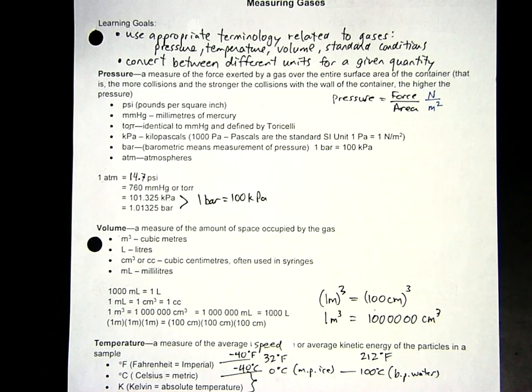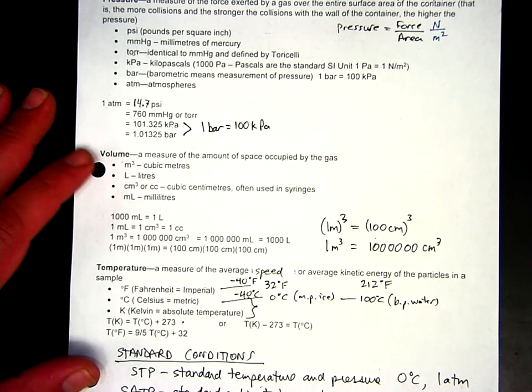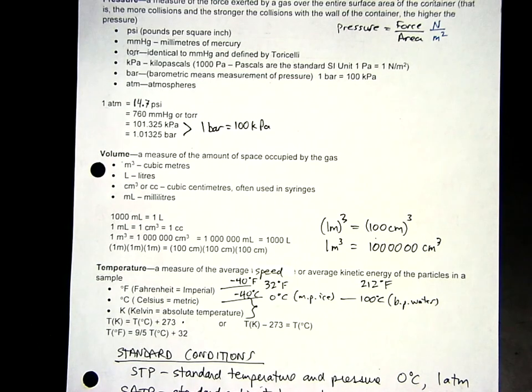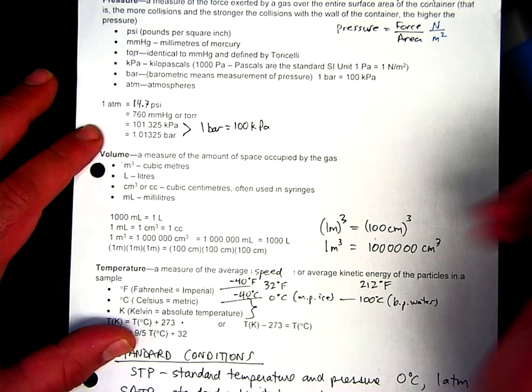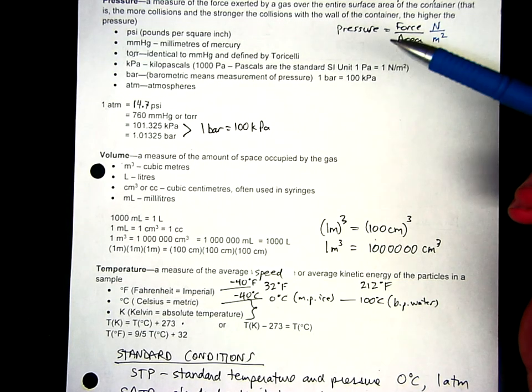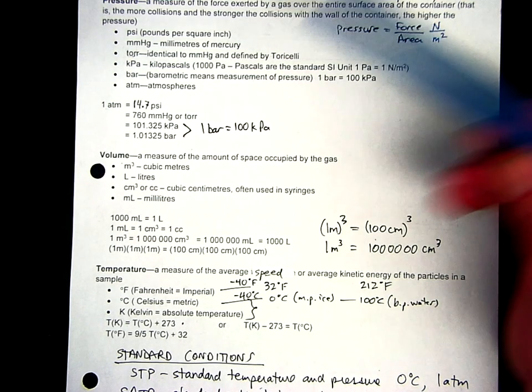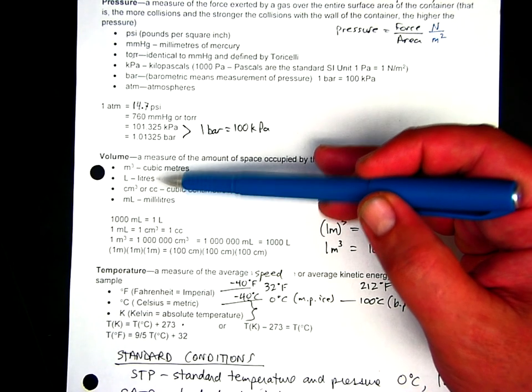But other measurements that we might want to use for gases are also knowing what the volume is. Okay, so we're fairly familiar with volume after doing the mixtures unit and the solutions unit. We've got liters, we've got milliliters. Those are the main units for capacity or volume with fluids and solutions.